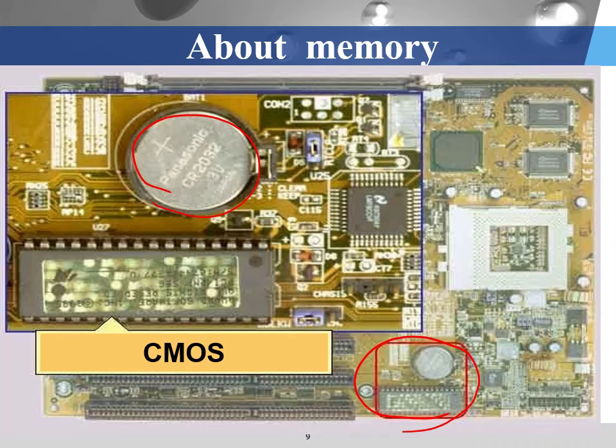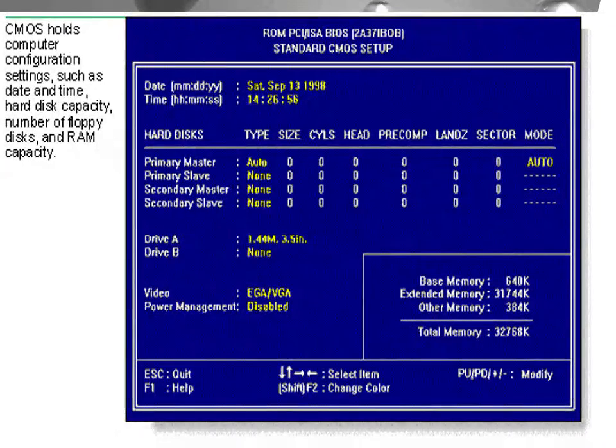You can see the small battery, and for the laptop it's a little bit different. This part is the CMOS circuit. If you go into the CMOS configuration, you can see the information that you can modify which is stored in the CMOS.